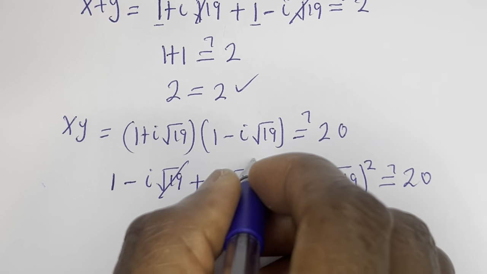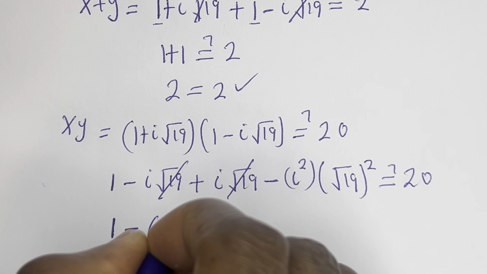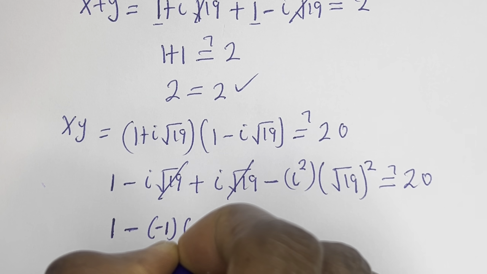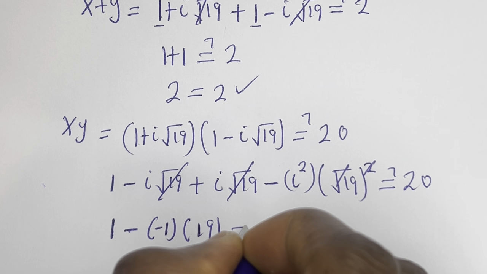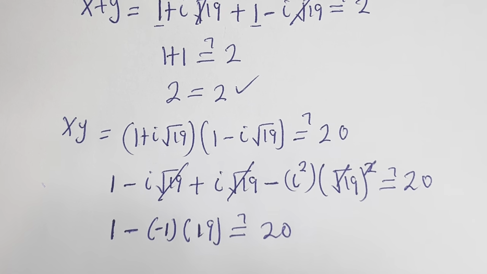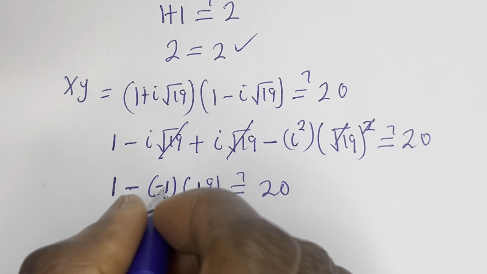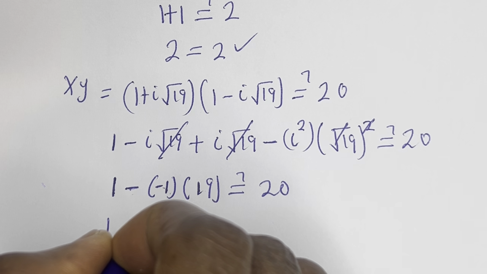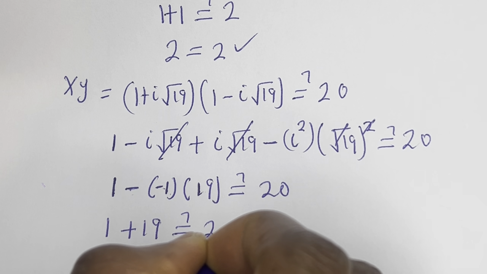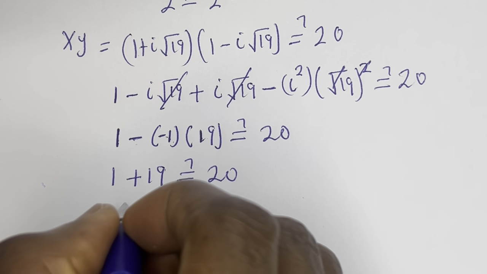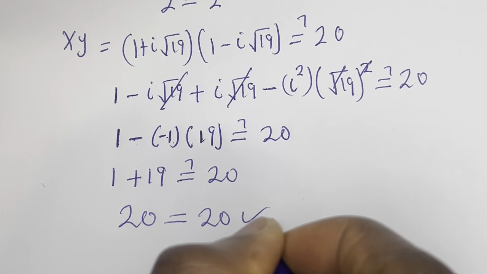Here, this will cancel this. You have 1 minus i square, which is minus 1, multiplied by 19. This is 1 minus times minus, that is plus, 1 times 19, that is 19. We have 1 plus 19 must be equal to 20. Then the left hand side, 20 is equal to 20, which is true.